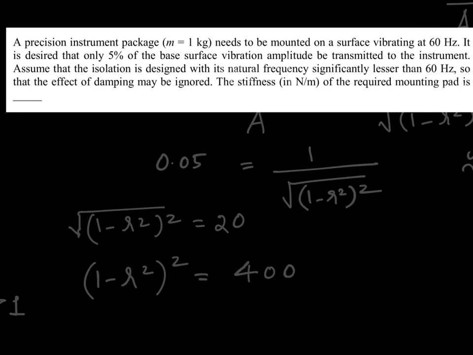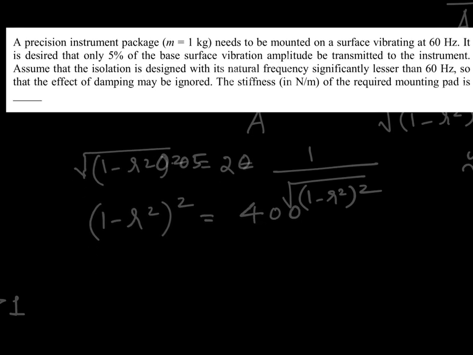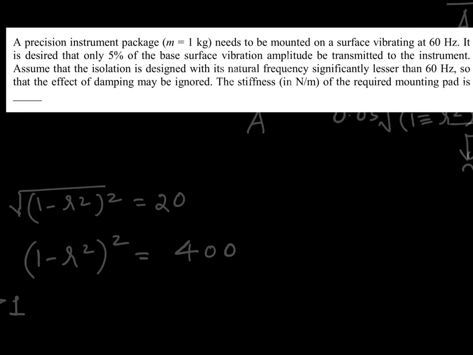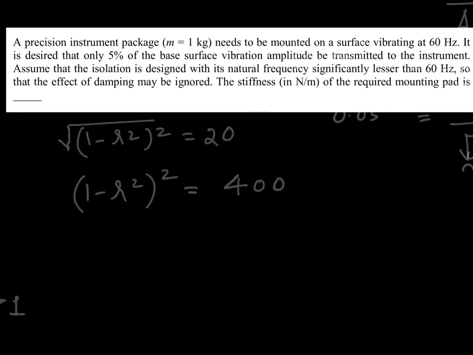Okay, since here we need to think, we should not jump into an answer immediately, because given this mathematical expression, there are two possible solutions for this. The first possible scenario is 1 minus r square is equal to 20.